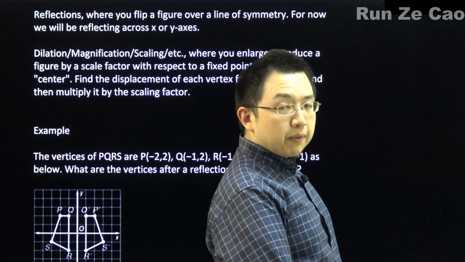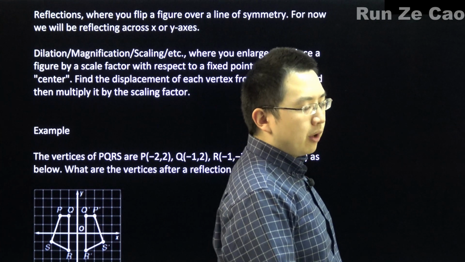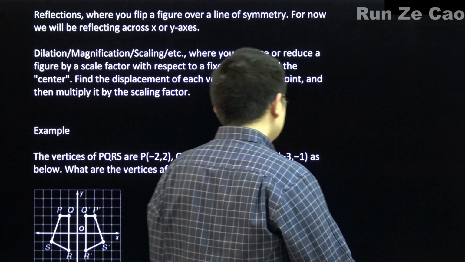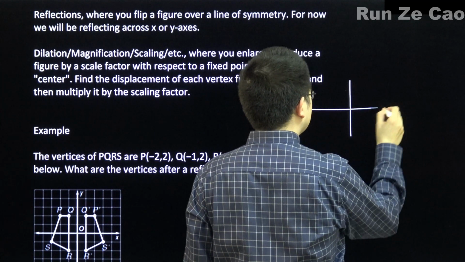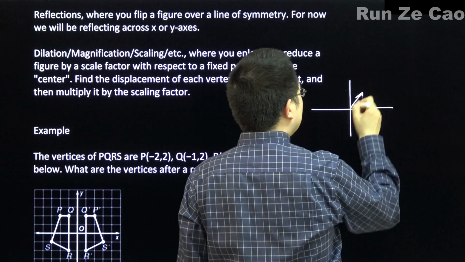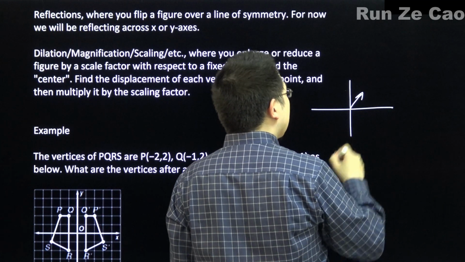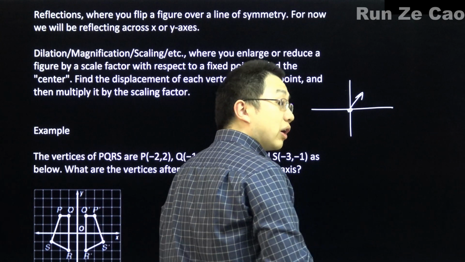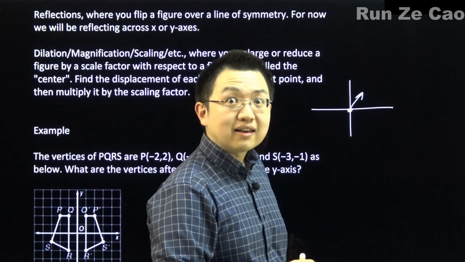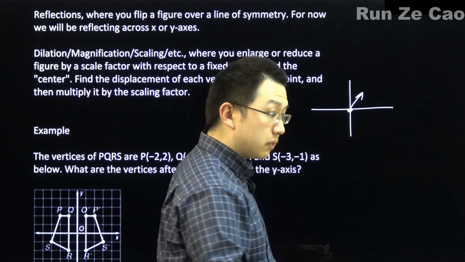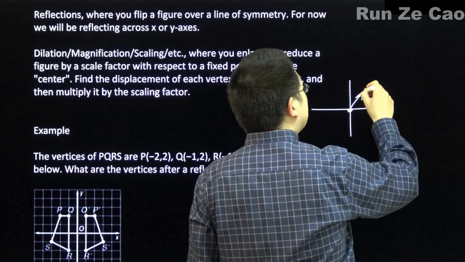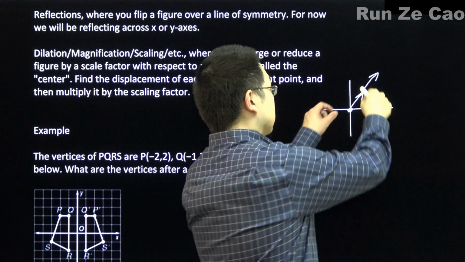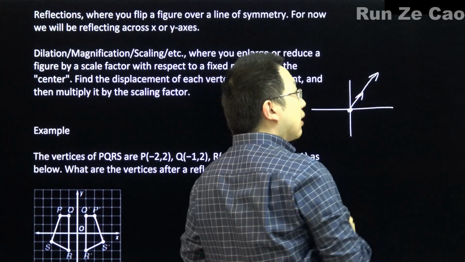You can find the displacement of each vertex from that point and then multiply by the scale factor. Look, if you start from 0, 0 and tell me that this arrow needs to be twice as big, it's pretty obvious that, oh, this point at 0, 0 just stays where it is if you use that as your center. And then the tip gets stretched out twice as far. Okay? So you stretch it out. What did you do?